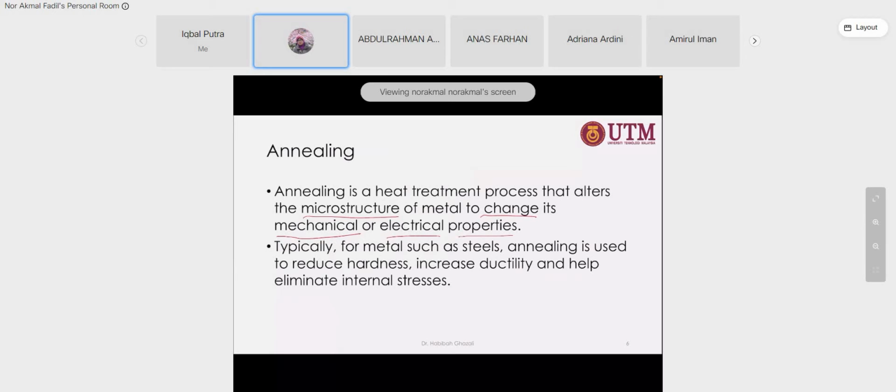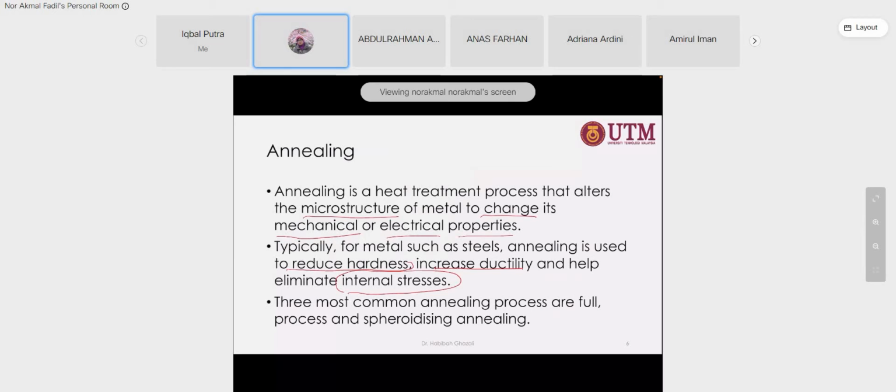Typically for metals such as steel, annealing is used to reduce hardness, increase ductility, and help to eliminate internal stress.